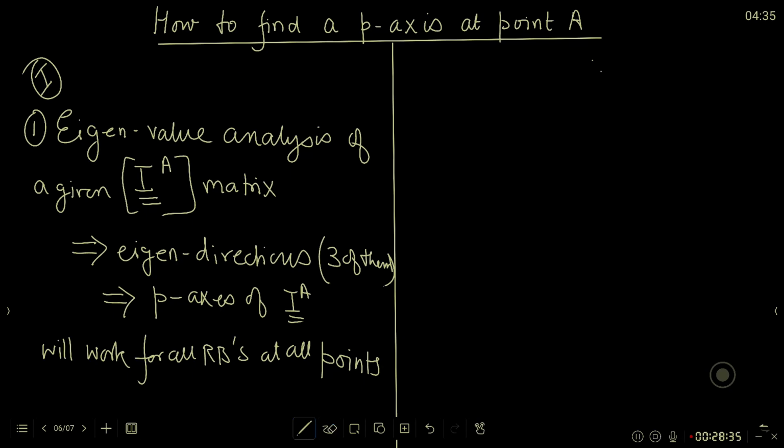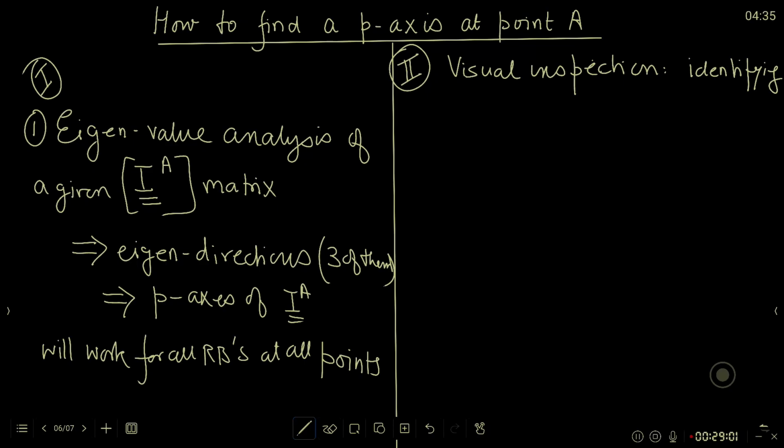The second way is to identify symmetry planes in your RB by visual inspection. Identifying a plane of symmetry, passing through a plane of symmetry of what?